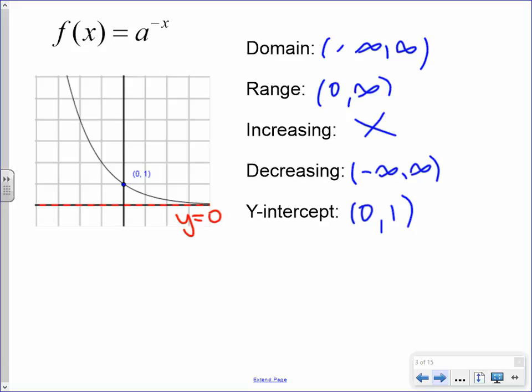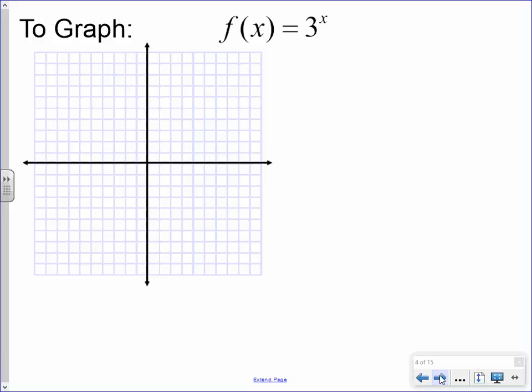We are going to think of the parent function and then transformations if we have them. Okay, so let's talk about what I would expect out of a parent function graph. Okay, we're going to work with f of x equals 3 to the x.